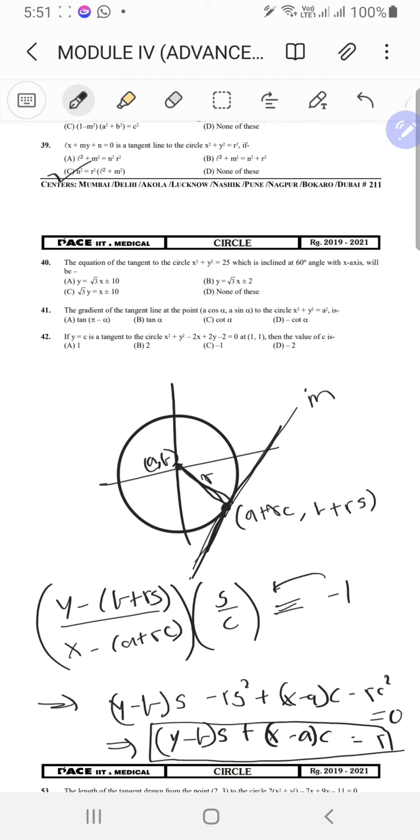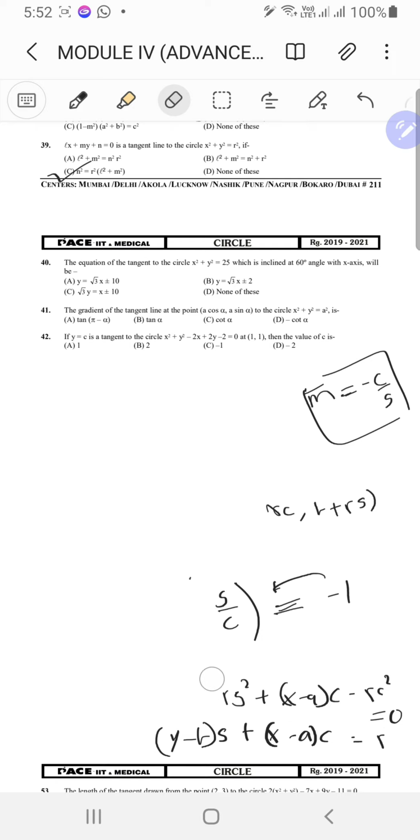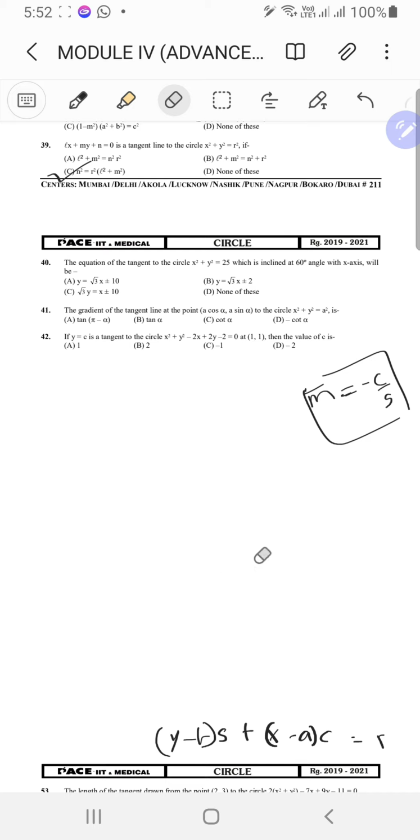And what's the slope over here? This slope is tan theta, which is s by c. So this slope has to be minus c by s, because they have to multiply to -1, right? So that's the general equation of the tangent. Over here a and b are 0, 0. Nice. Where were we actually? 60 degrees with the x-axis, which means tan 60 degrees, that's square root 3, right?